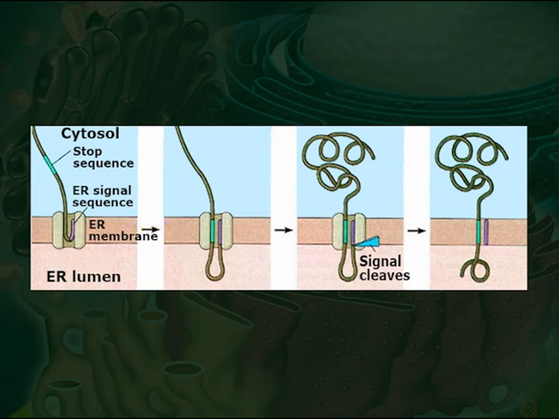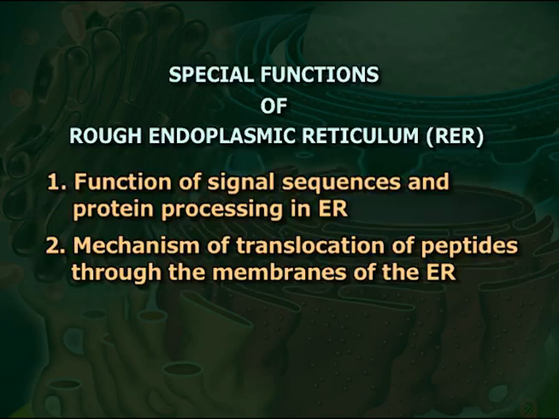The transport of protein takes place along with its translation, so it is called co-translation process. This transport of peptides takes place either after cleavage of terminal signal sequence or it may enter into two domains, that is, in the cytoplasm and in the lumen of ER with the cleavage of signal sequence. The signal sequence remains bound to the membrane.